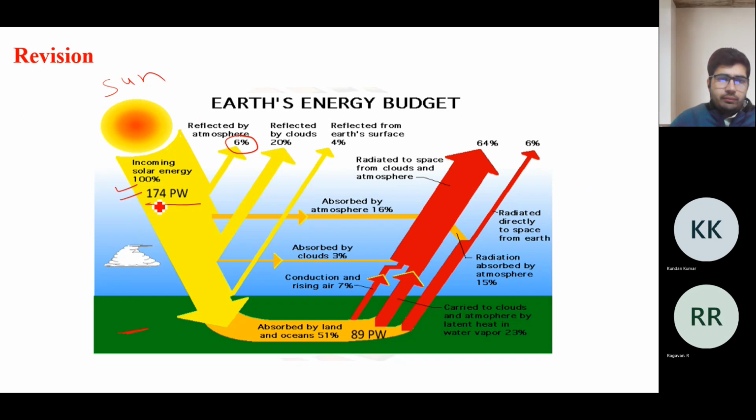Again, of this, around 16% will be absorbed by the atmosphere. 6% was reflected, 16% was absorbed. Then the remaining light again comes towards the earth. Then 20% is reflected back by the clouds.